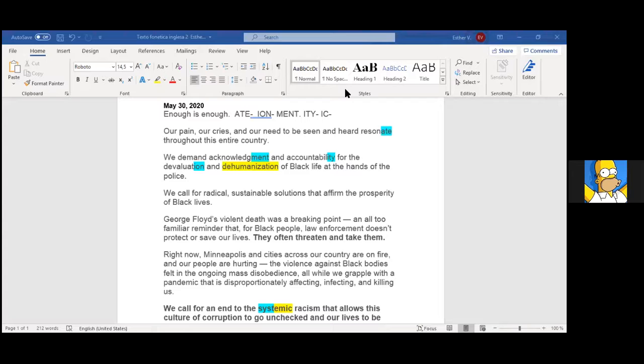Thank you. So the word in yellow, the one that Esther has in her second paragraph, dehumanization, that's a very long and complex word full of one prefix and several suffixes. What's the root of this word? What's the most basic component of dehumanization? What do you think? Human? Human, right?